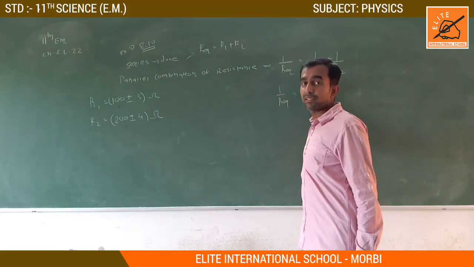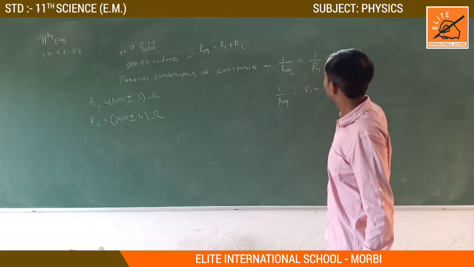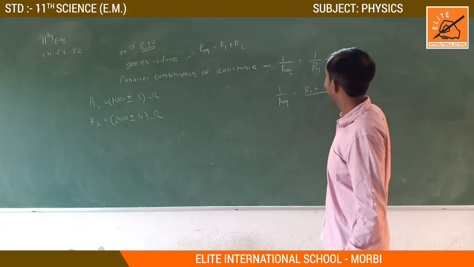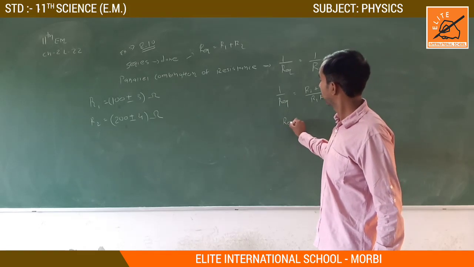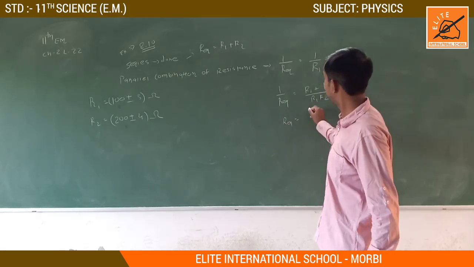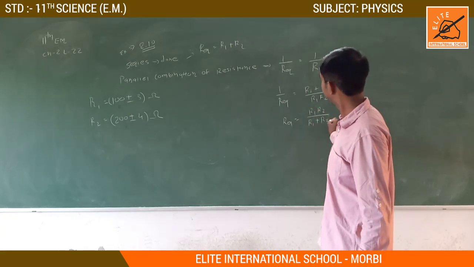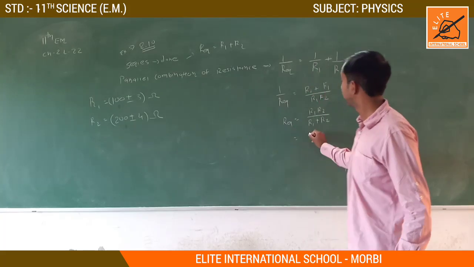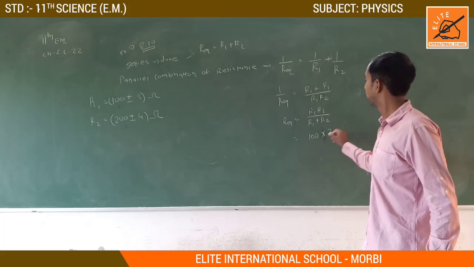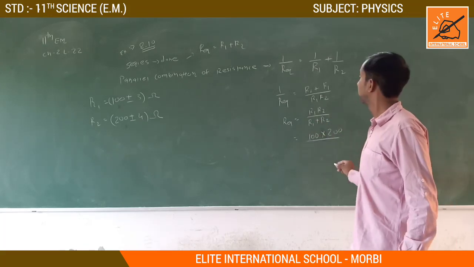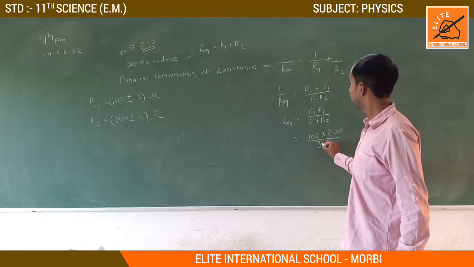The parallel combination equivalent resistance is given by 1 upon R equals R2 plus R1 divided by R1 into R2. Inverse it. R equivalent equals R1 into R2, 100 into 200 divided by 100 plus 200, that is 300.